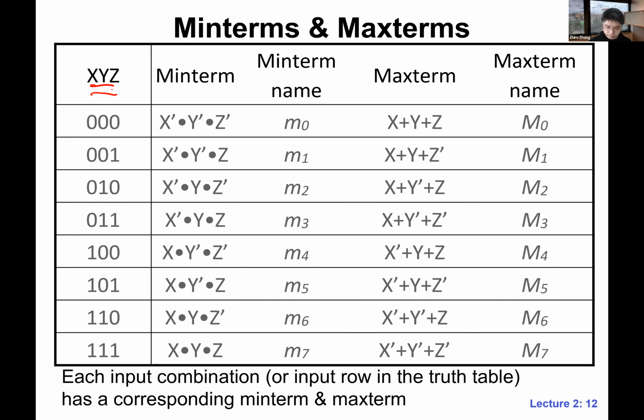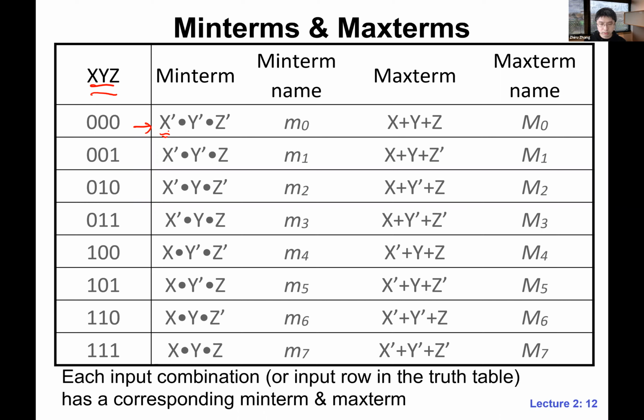Okay, and so here's the way that we define the min term, how we map the input combination. This is really a mapping, how we map each input combination into a min term and also a max term. For min term, it's more intuitive. If the corresponding input is a 0, we have a negative literal. See here, the corresponding input for X is 0, so we use X prime, or X not.